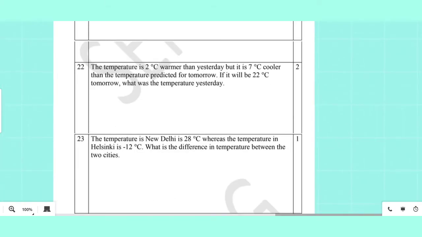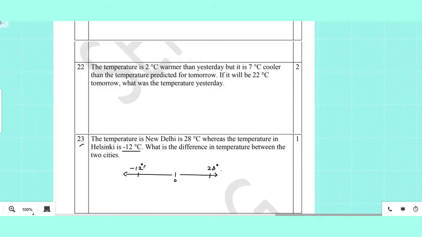Question number 23. The temperature in New Delhi is 28 degrees Celsius, whereas the temperature in Helsinki is minus 12 degrees Celsius. What is the difference in the temperature between the two cities? So we have 28 degrees, that is positive, and minus 12, that is negative.